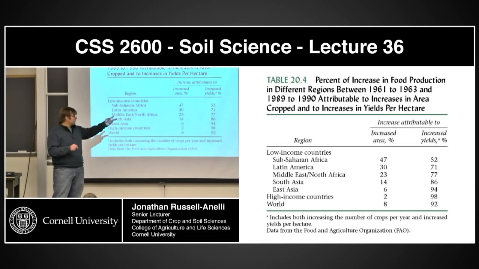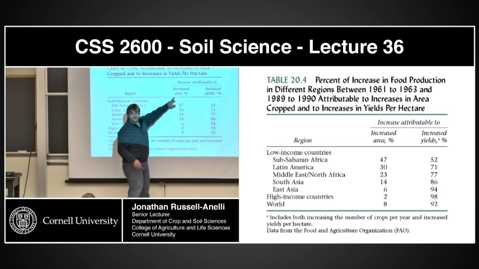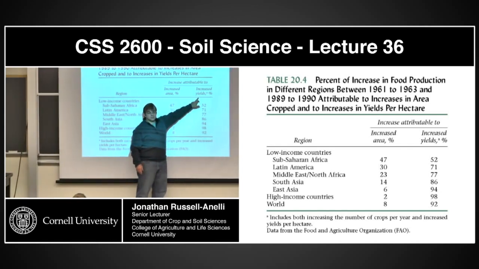What are those two? The answers are right there. The first way is we can literally increase the amount of area that we're farming. The other way is we can increase the amount of food that we are growing on every square foot. So we can increase the area or we can increase the yield.